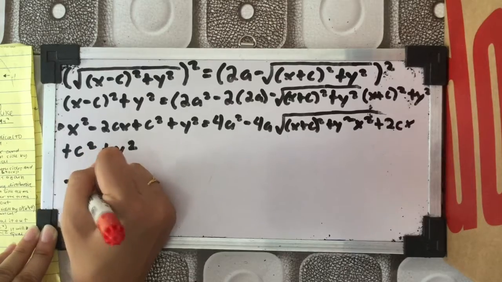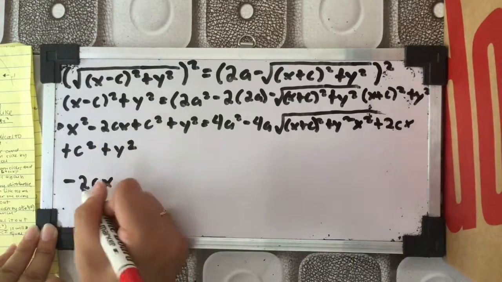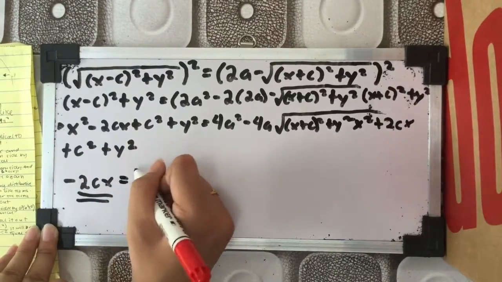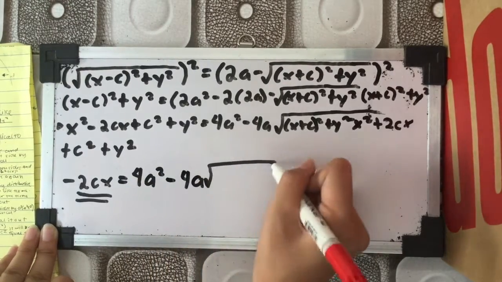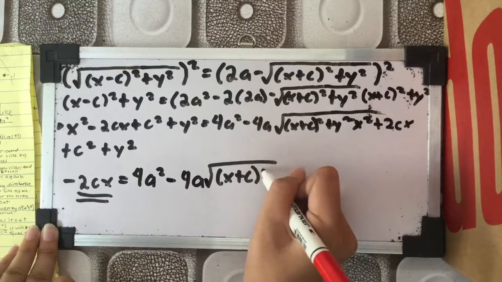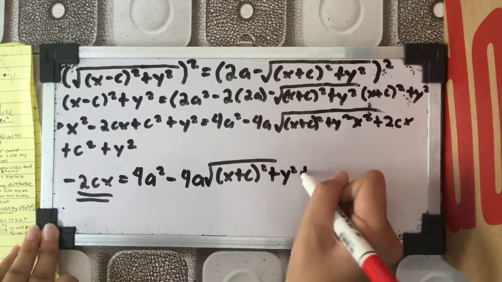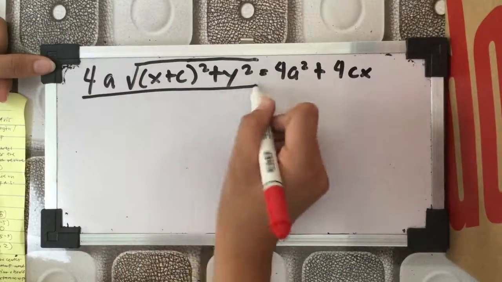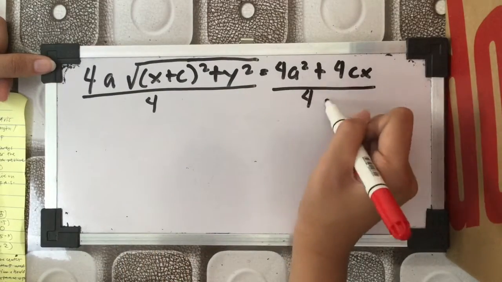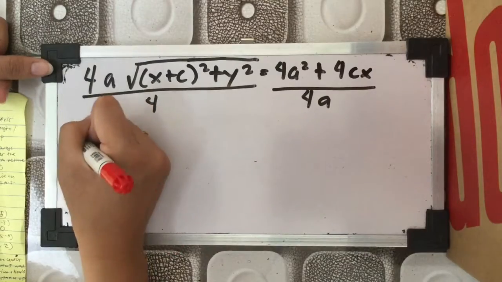Move 2x to the right and copy the remaining terms. Add 2x and divide both sides by 4 and cancel.